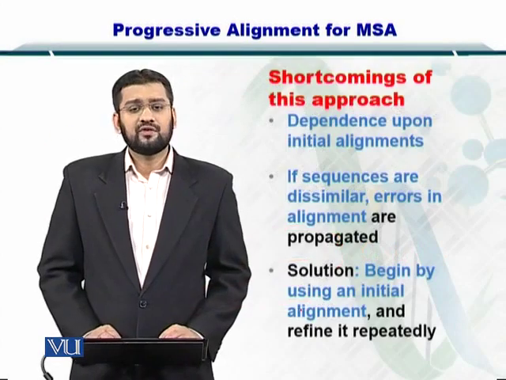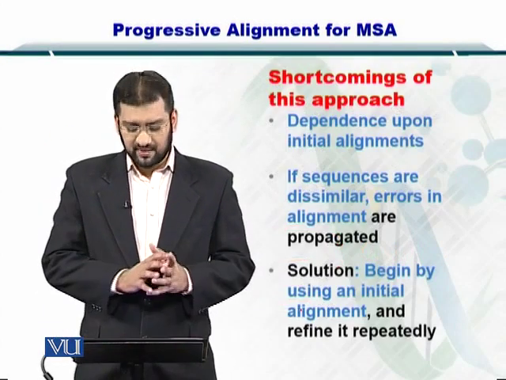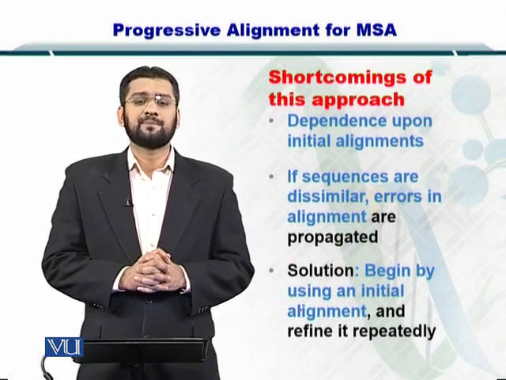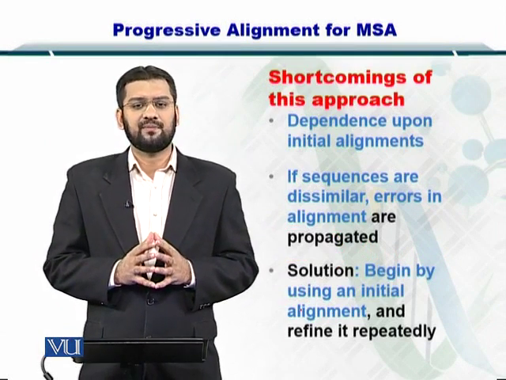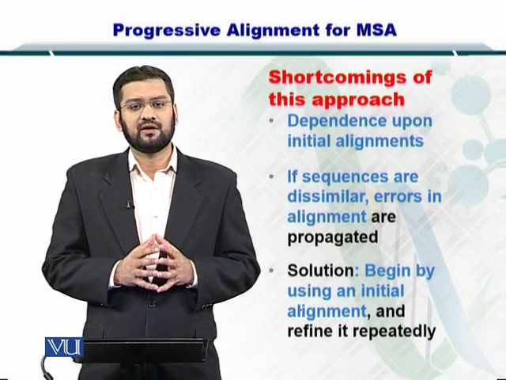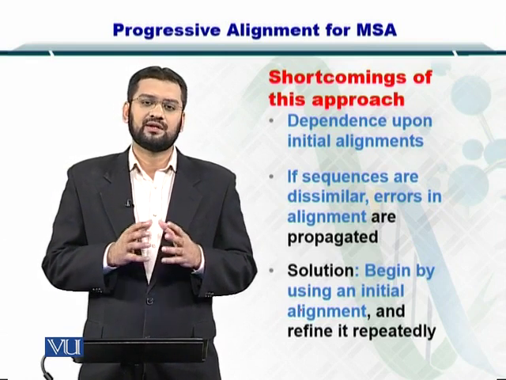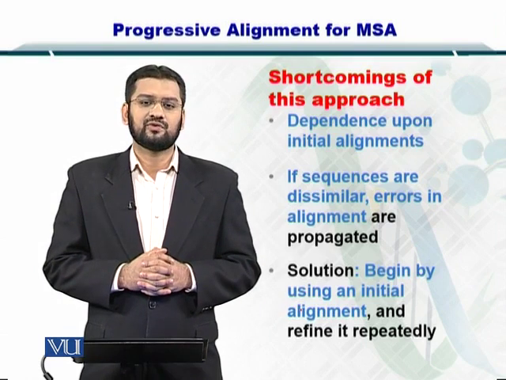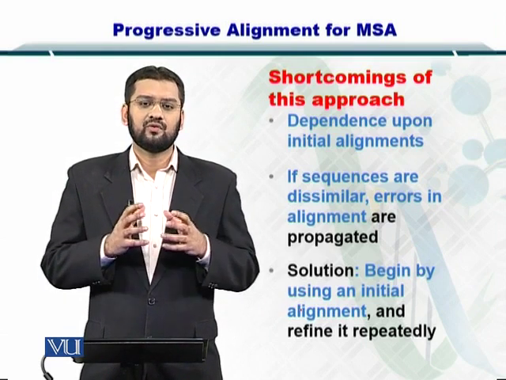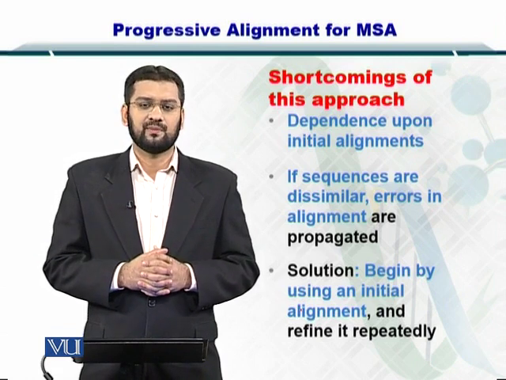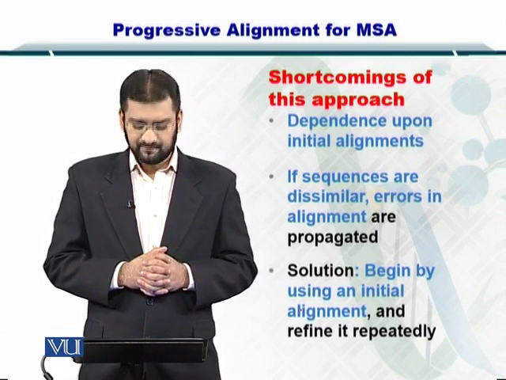This approach, however, has some shortcomings. For instance, if you have performed an alignment as the first step, which may be incorrect, then your entire guide tree will be biased towards that. So there is a lot of dependence on the first alignment that you employ to create the guide tree.